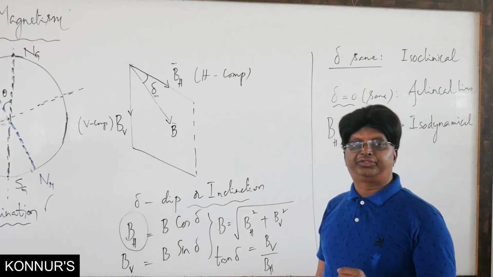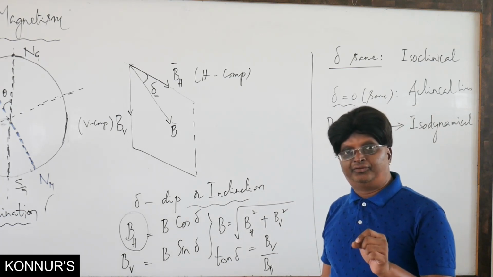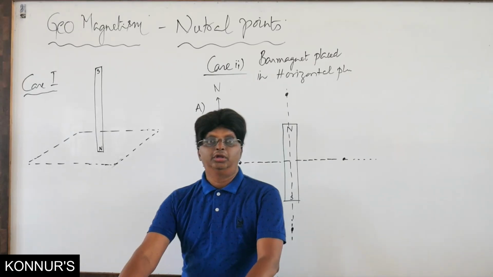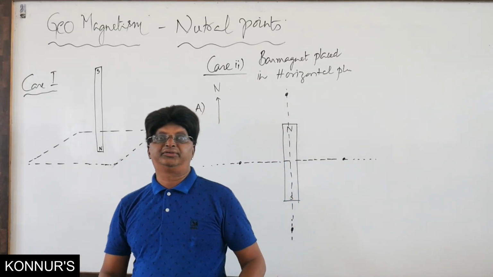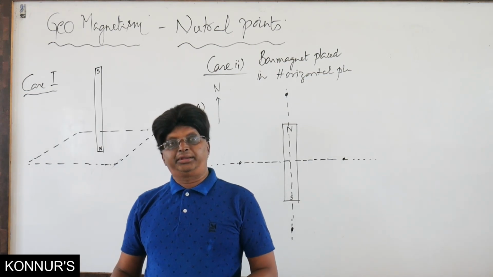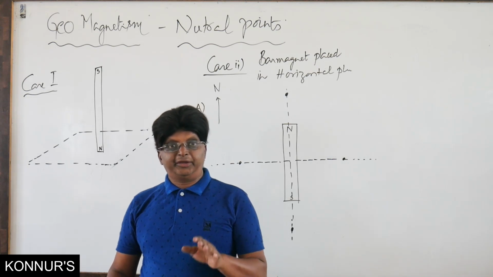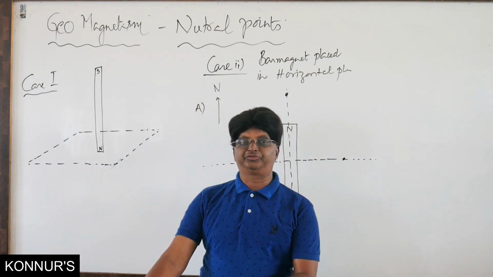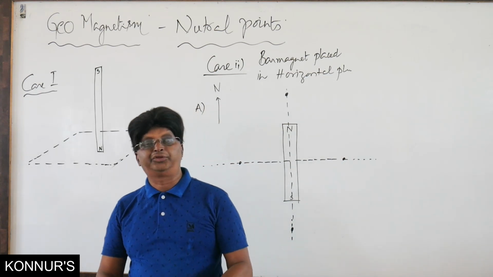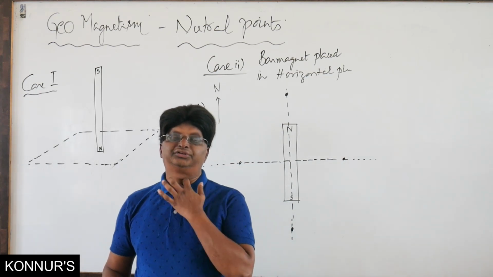Now let us continue with the most popular case of neutral points in Earth's magnetic induction. Neutral point is where the net magnetic induction is 0. For net magnetic induction to be 0, at least we need two magnetic fields such that they are equal in magnitude and opposite in direction.